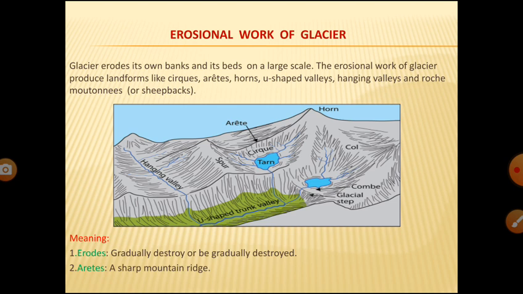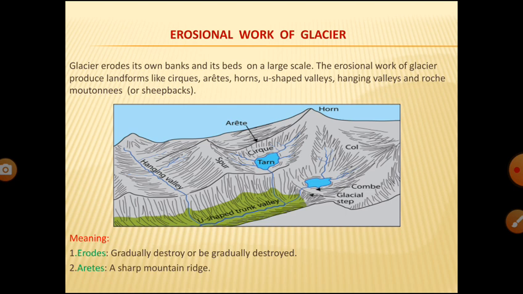Children, you can just see the meaning of erode: gradually destroy or be gradually destroyed. Now you can see the diagram. In this diagram, you can see how the landforms are produced by glacier. The first is cirque. It is a valley formed by glacial erosion.